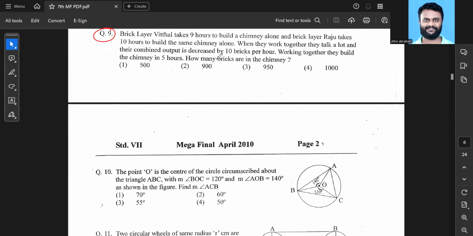So, 10 bricks per hour, 5 hours. So in this case, what we'll do, before we start discussing anything, I'll give you a minute and let's see what ideas you have.